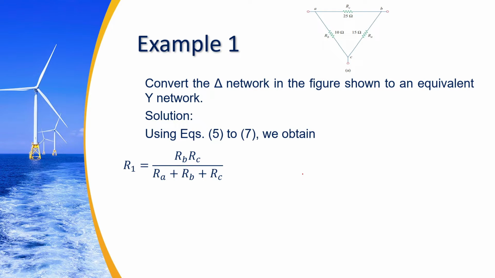So, paano nga ba yung shortcut natin dito? Maglagay lang tayo ng Y network dito sa delta network. Okay? Sabi kanina, sa rule natin para sa conversion ng delta to Y, sa numerator, kunin daw natin yung product ng adjacent.